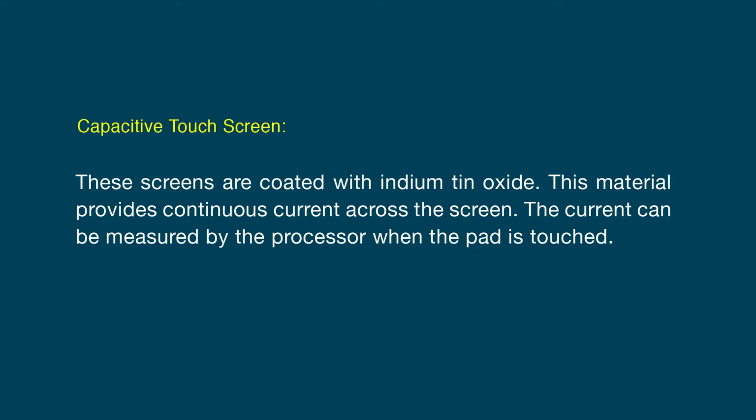This material provides continuous current across the screen. The current can be measured by the processor when the pad is touched. It is usually used with a bare finger instead of a stylus. These screens have high clarity and are not affected by dust. Nowadays, most smartphones have capacitive touchscreens.